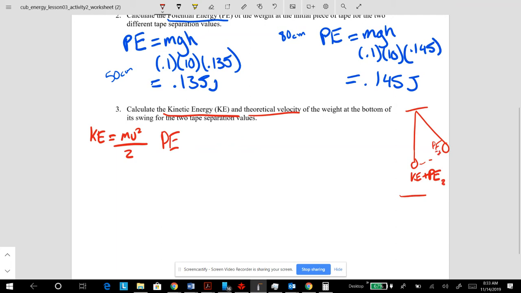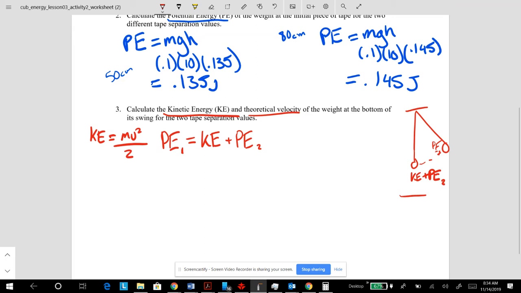Potential energy 1 will equal kinetic energy plus potential energy 2. Does that make sense? Because all the energy at the top is going to equal all the energy at the bottom, and the energy at the bottom is going to be a mix of the gravitational potential of that object and the kinetic that's generated from it. So we can just set them equal to each other.